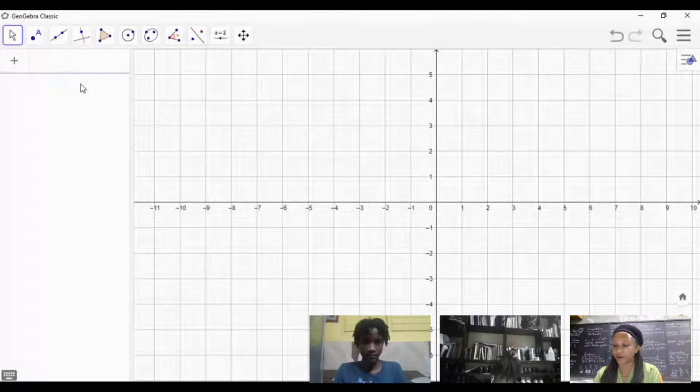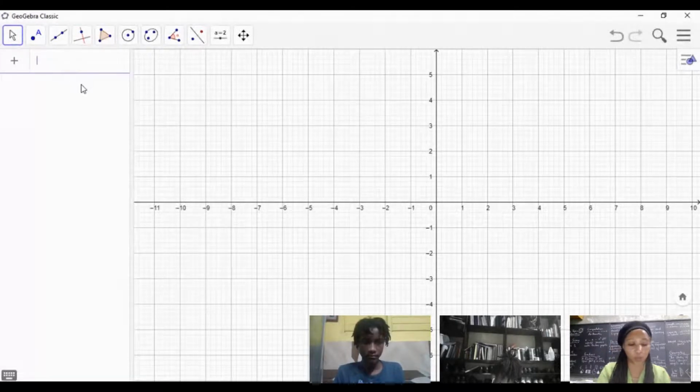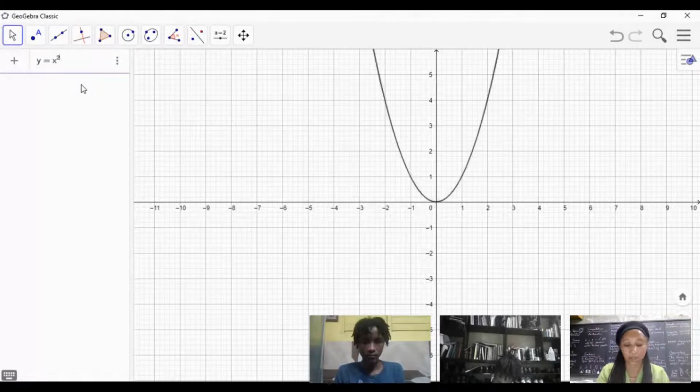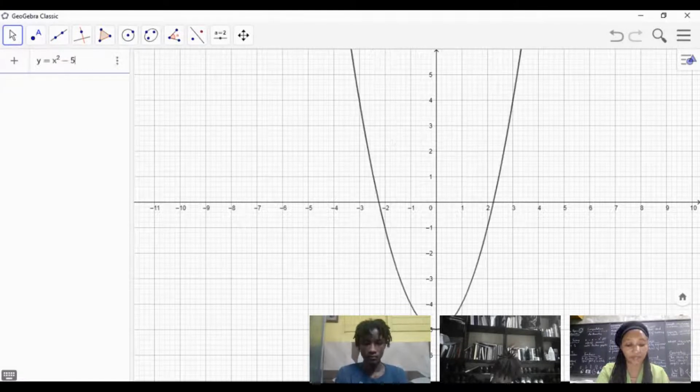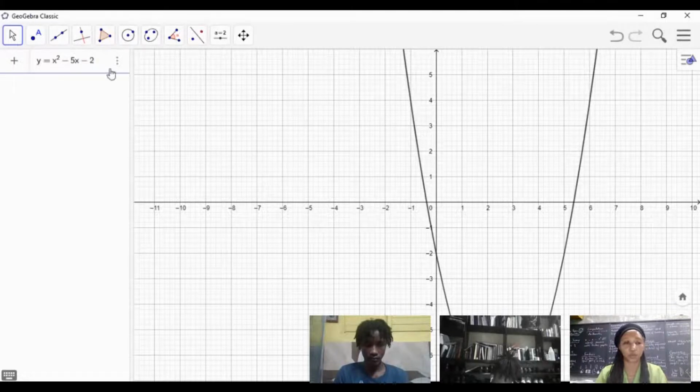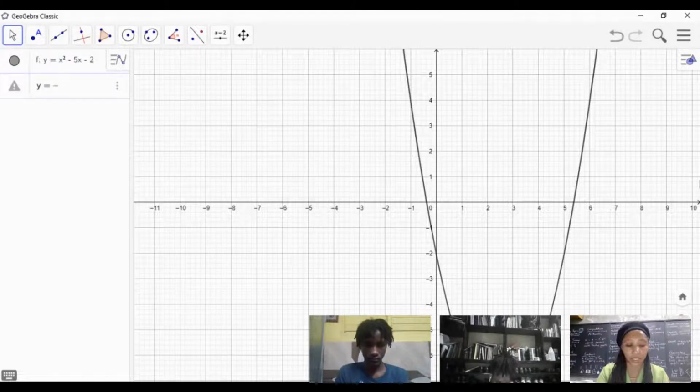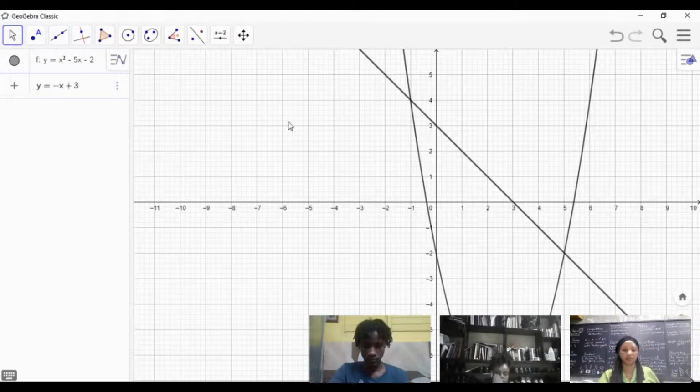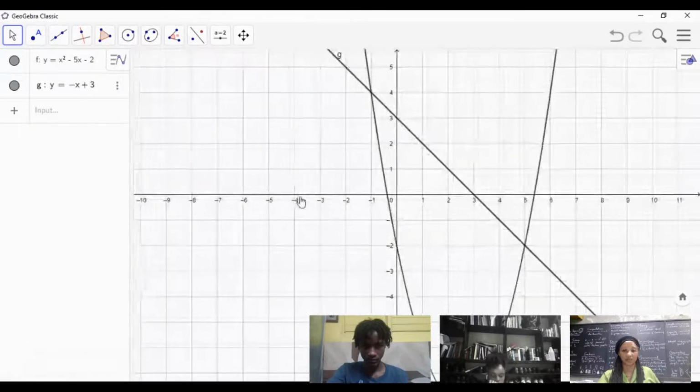Okay, Asar, so your equation is y equals x squared minus 5x minus 2 and y is equal to negative x plus 3. Can you see the solutions?